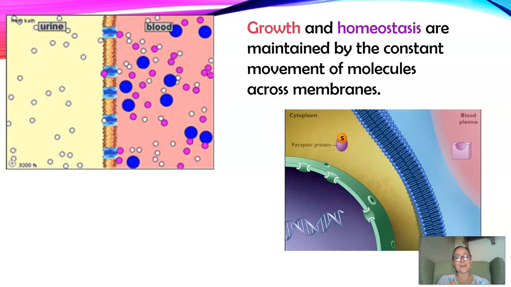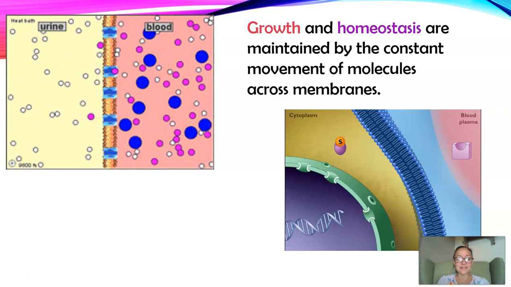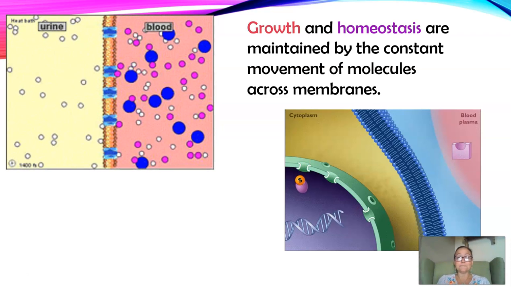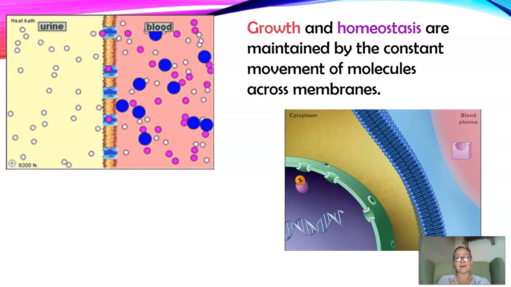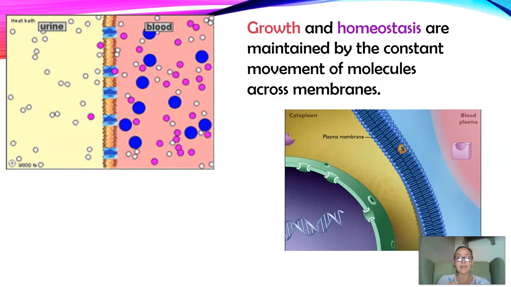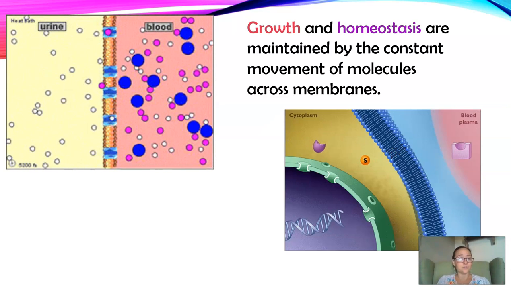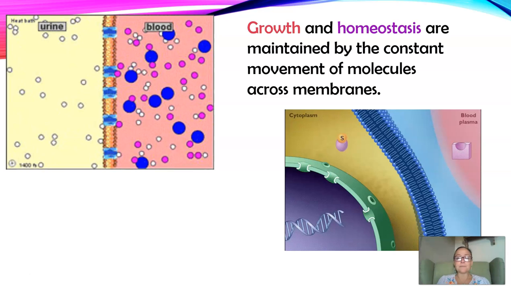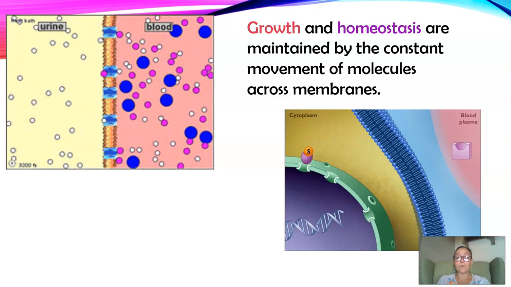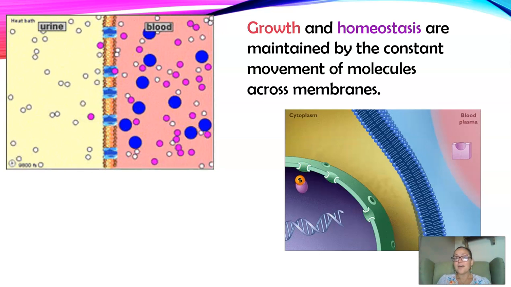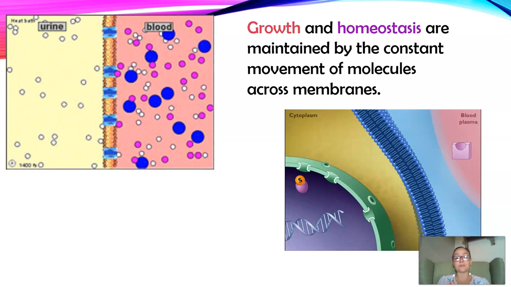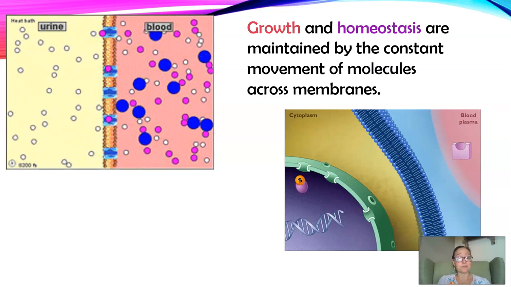Growth and homeostasis are maintained by the constant movement of molecules across membranes. So you can talk about this as far as maintaining osmolarity or osmoregulation, which is like osmo, think water, and regulation, like the water concentrations in your blood. So to maintain isotonic conditions, your kidneys are under hormonal control, and the hormone ADH will actually communicate with your kidneys to regulate your urine output to maintain homeostasis.